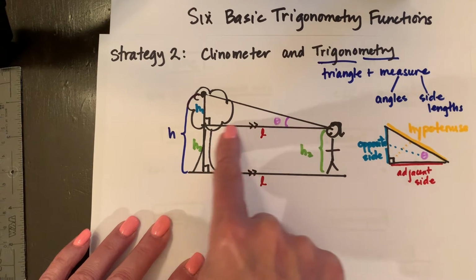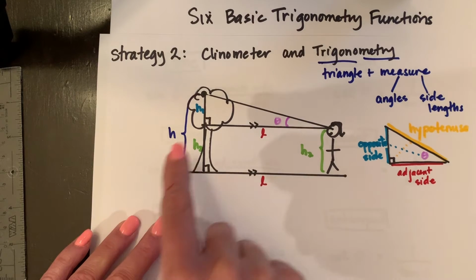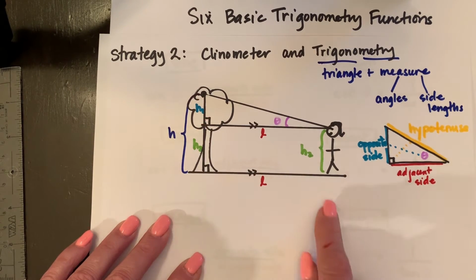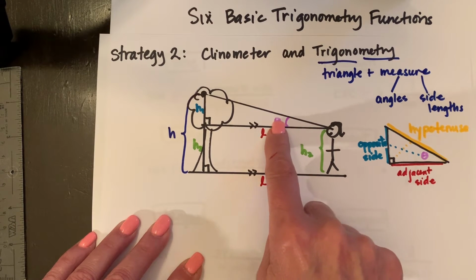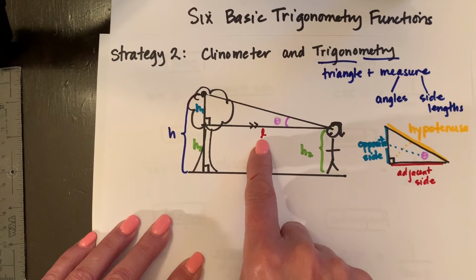Well, we know how far I was standing from the tree, and we need to determine this height. So it looks like from our angle of inclination, we're looking for a relationship using the opposite side and the adjacent side.